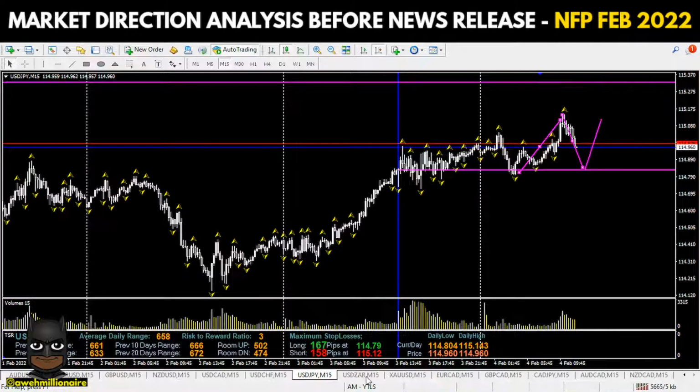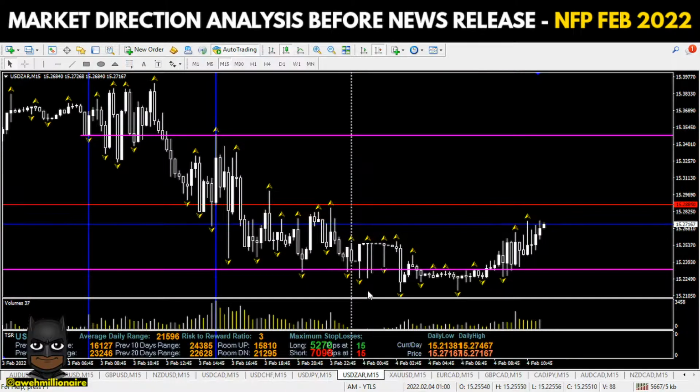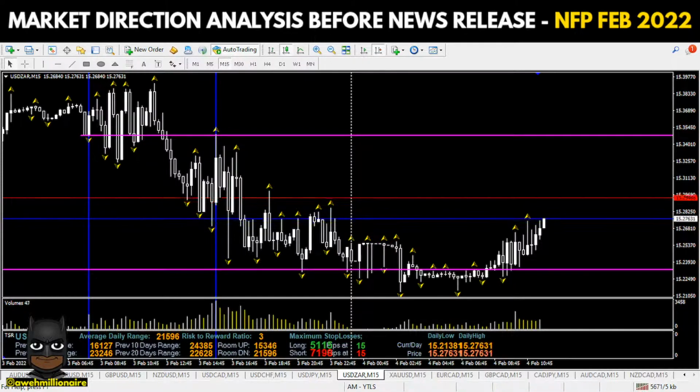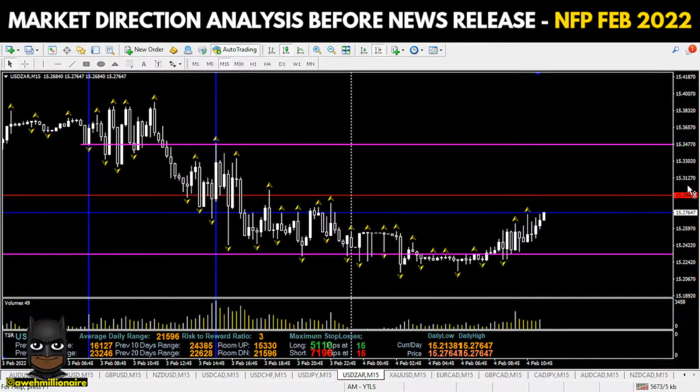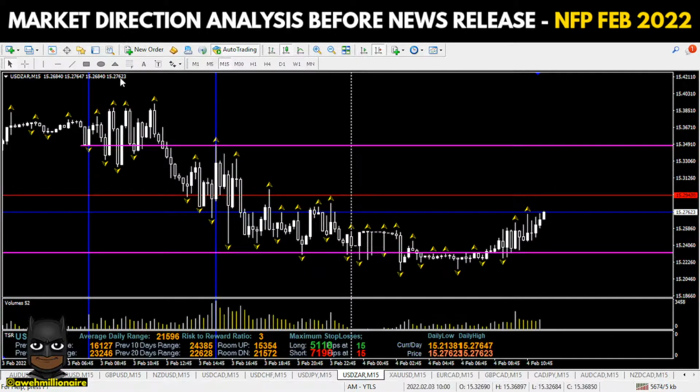Okay, then we've got USDZAR here. USDZAR currently testing the demand level over here. Okay, we can see it's pretty much moving in a range here, so I'll wait as close as possible till the NFP High Impact news gets released.